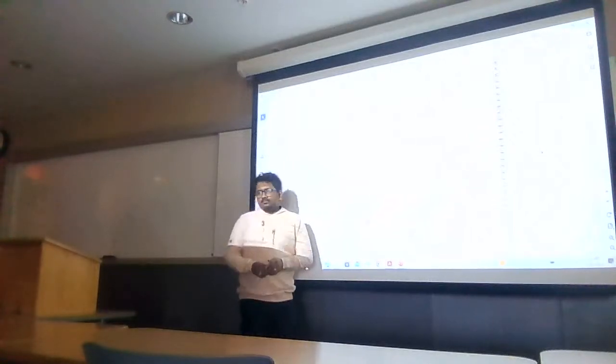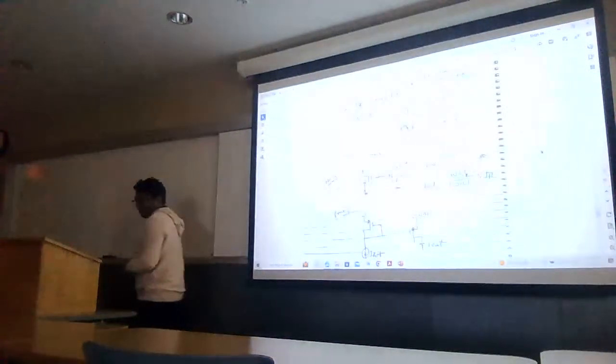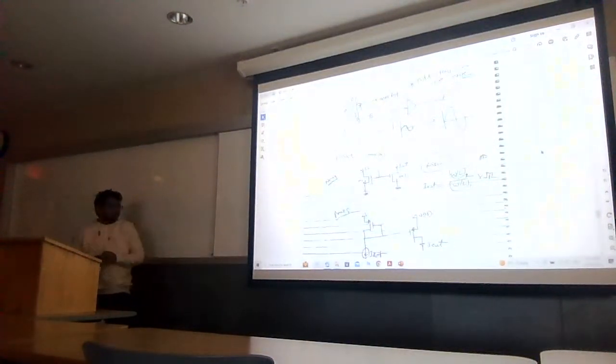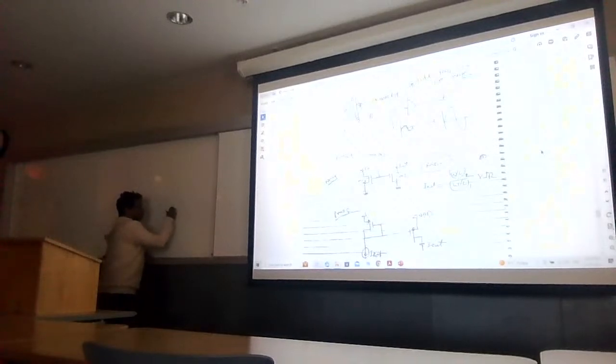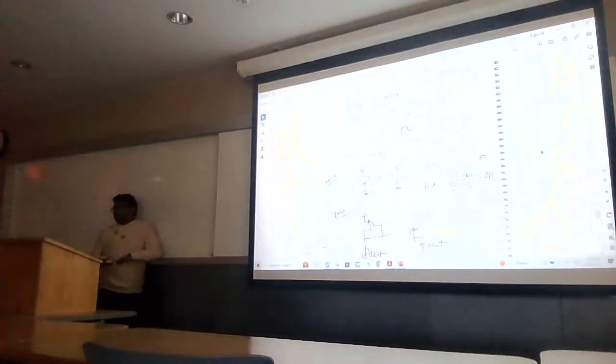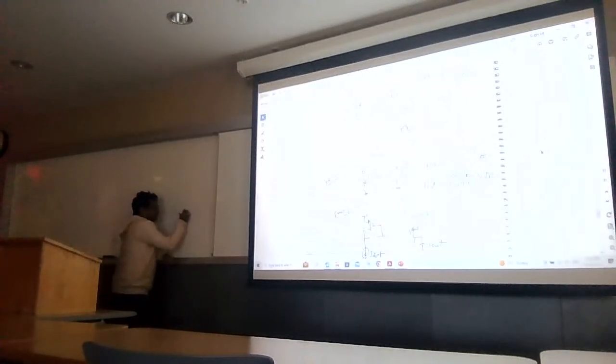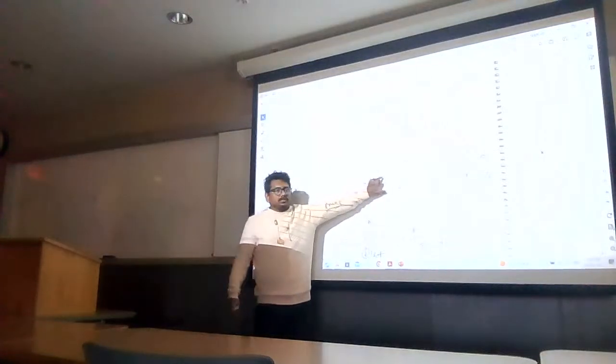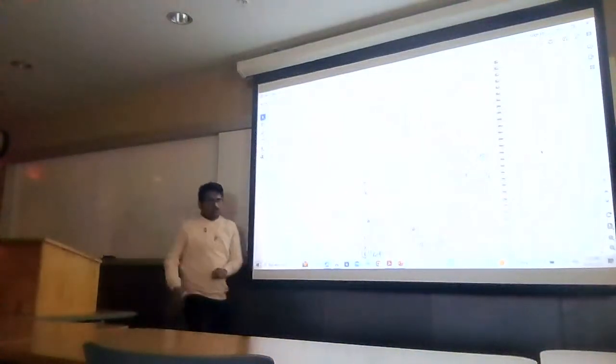If anyone asks any question about a current mirror, you have to remember 3 to 4 points. One point is the condition of a current mirror. If you want to design a current mirror, the VGS of the two transistors should be equal. The gate to source voltage of this transistor and this transistor should be equal.